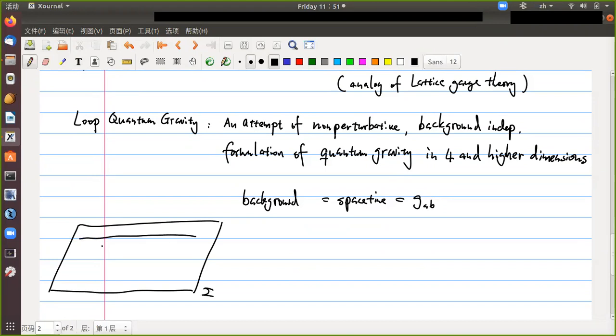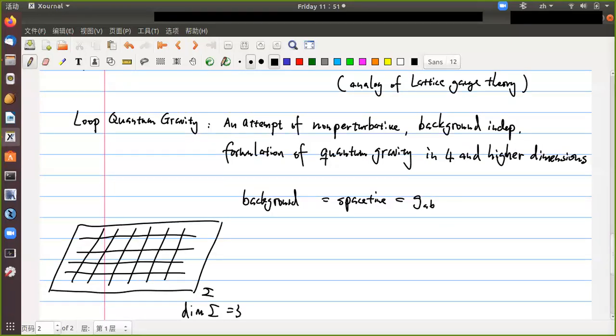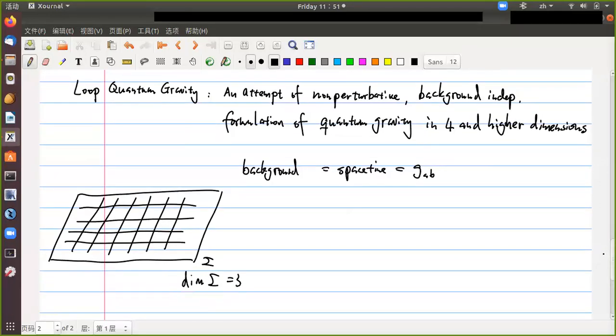Here let's consider just a cubic lattice. Of course the dimension is 3, but it's complicated for me to draw 3 dimensions, so I suppress 1 dimension. So let's consider this is a cubic lattice.